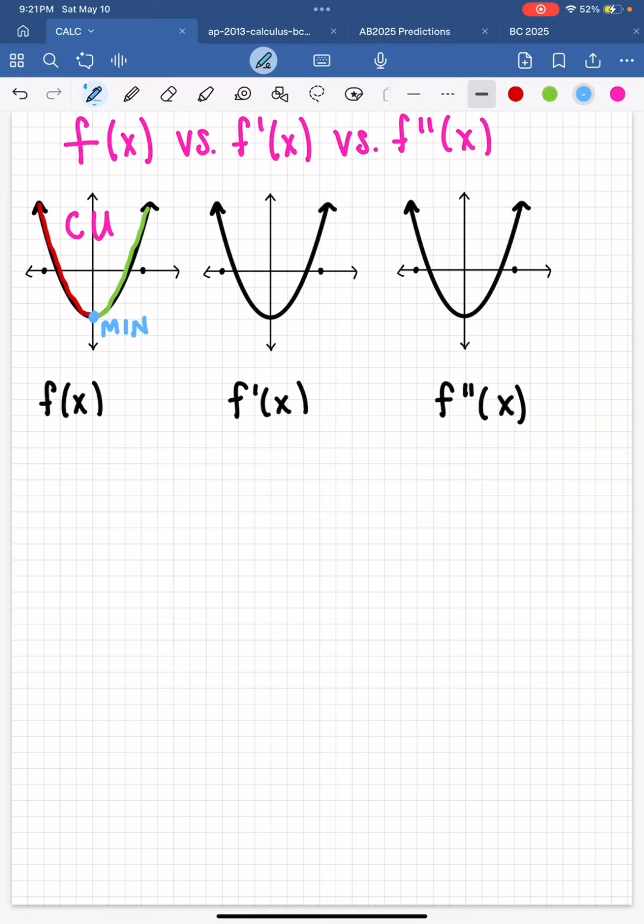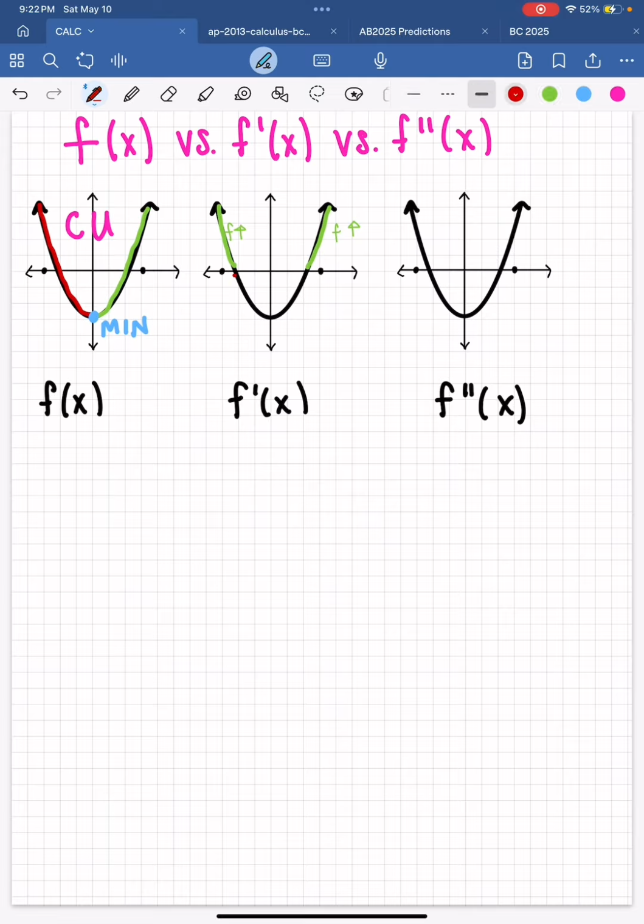Now, say this was a graph of the derivative. Let's mark what it would tell us about the function. Okay, so now let's chat about what the derivative graph means for the function. When the derivative is positive, here in green, the function is going to be increasing.